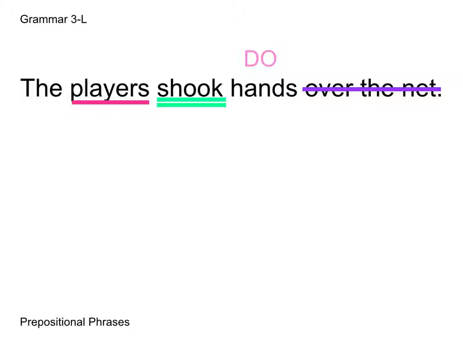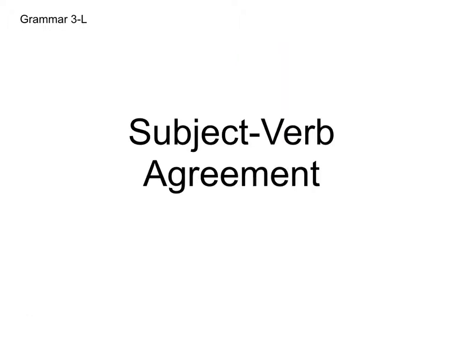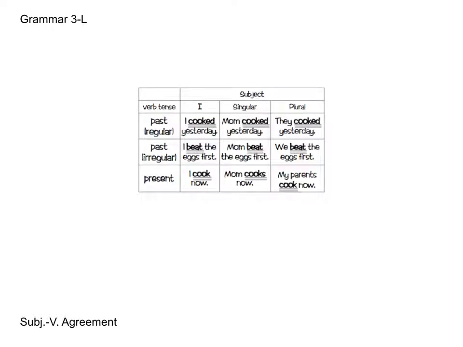All right, so now we're going to go straight into subject-verb agreement. This should be very much reviewed for you guys because we have been talking about this stuff directly or indirectly since Grammar 2. So let's jump right into the explanation. We have this lovely table at the front, and I'm just going to go on through this real quick.